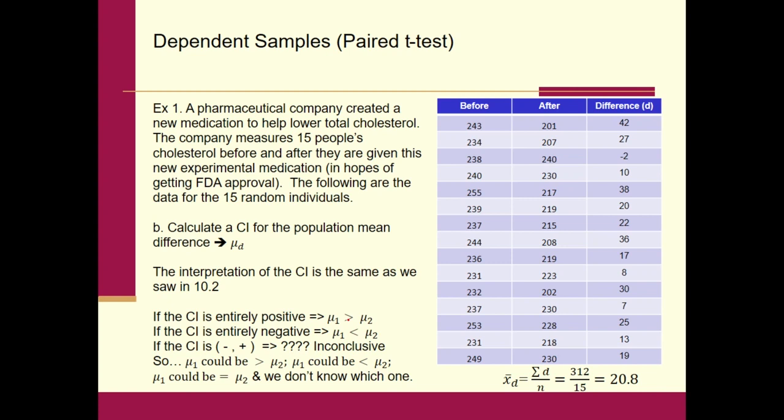But we do know what's going on here. We had a confidence interval that was what? Entirely positive. So what is that telling us? That mu1, the before, is greater than mu2, the after. And since the before is greater than the after, that tells us the pill was effective.